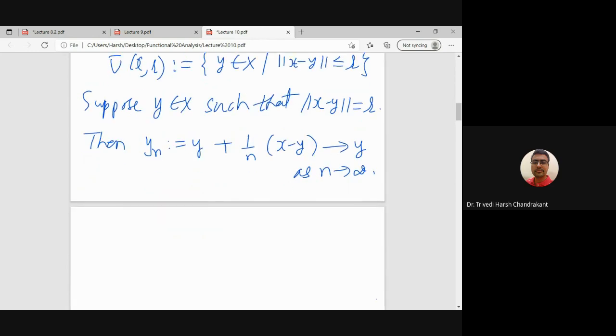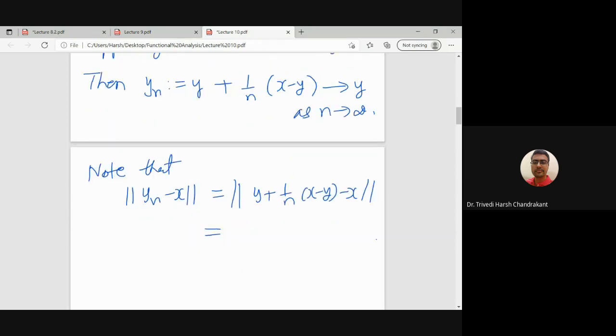Let's see what is the norm of yn, the distance of yn with x. So note that the distance of yn with x is basically norm of y plus 1 by n times (x minus y), minus x. If we write this in terms of y minus x, then this is essentially (1 minus 1 by n) times (y minus x).